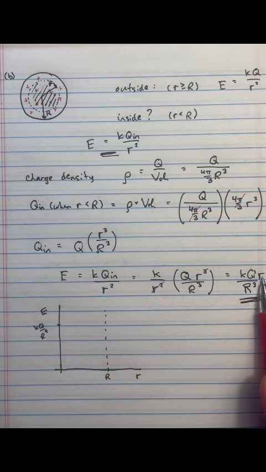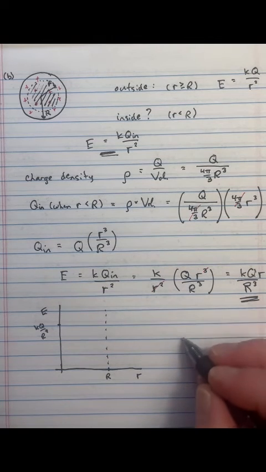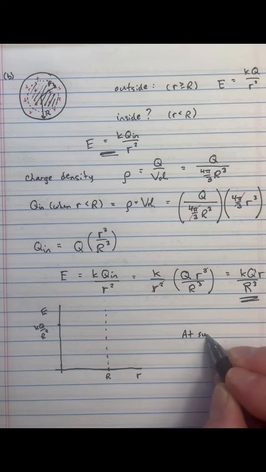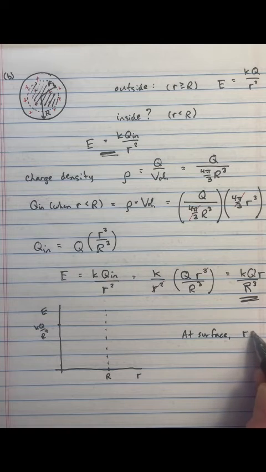As we go further and further, as little r gets bigger, it gets more and more of a fraction of capital R. And notice also that K, capital Q, R cubed, those are all constant numbers. Those are all set values. So that's a constant. And we're just multiplying by that little r. Now, when we get to the surface of the sphere itself, that's capital R, then that's going to cancel. So let's show that. So at the surface of the sphere, little r equals capital R, right?